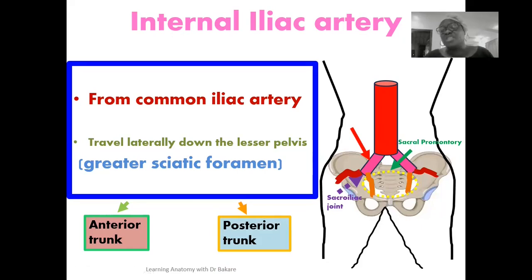Within this region, it's seen to descend inferiorly to the point where we have the greater sciatic foramen. And at this point, you see it finally dividing into the anterior trunk at the front and the posterior trunk behind. The branches will then further emerge from these two trunks.